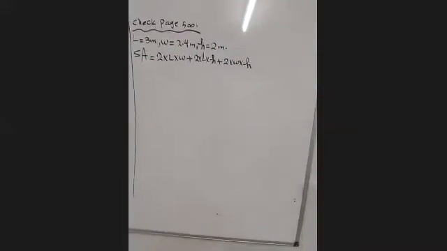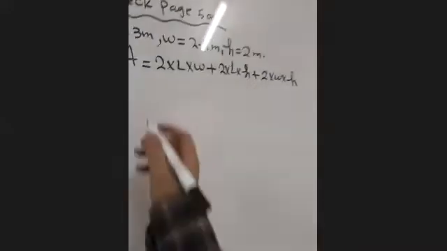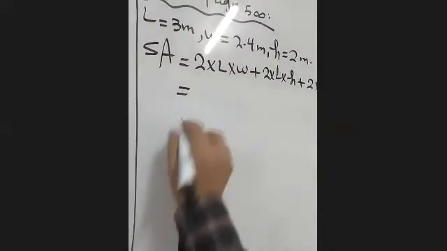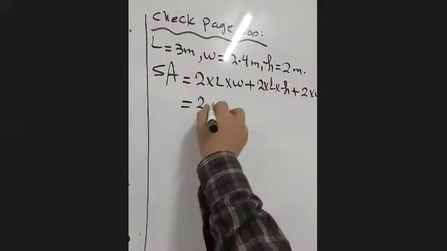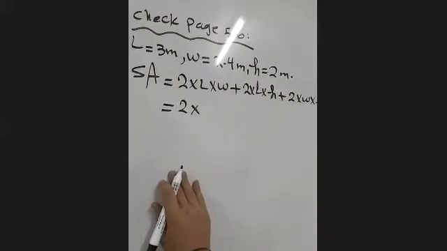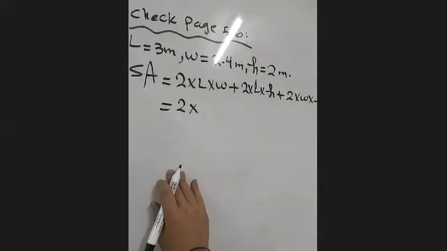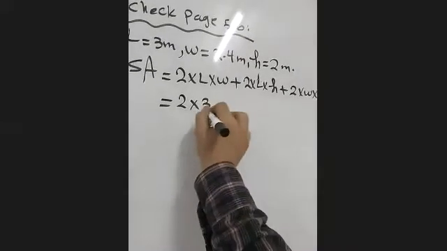Now, let's apply the formula, Mr. Shukri. What will we do here? First 2 multiply. The length is 3 meters, so 3 multiply.